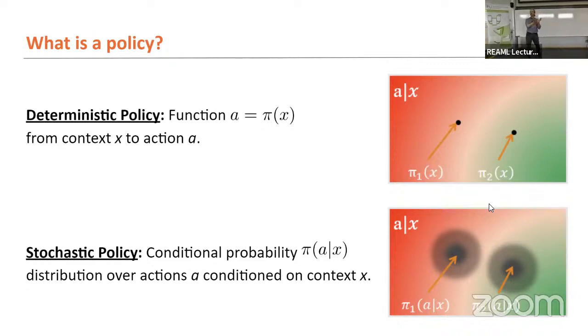And that's our pi, our policy. And so here, these shaded areas indicate that with high probability, you pick something from the darker areas and with lower probability from somewhere else. And of course, a deterministic policy is just a special case of the stochastic policy. Let's put all the probability mass in one point.